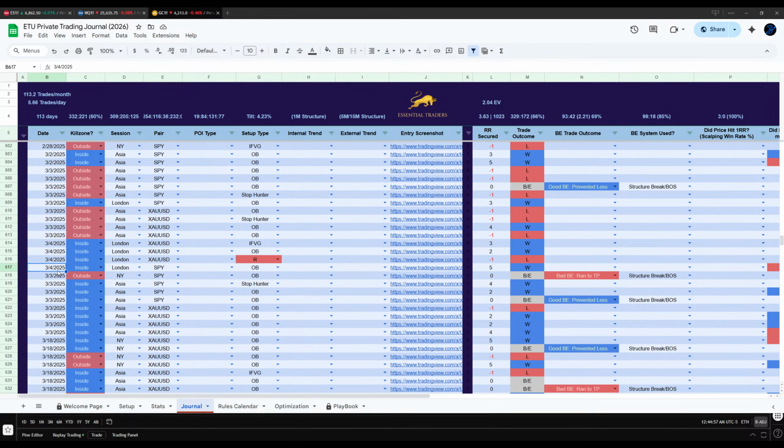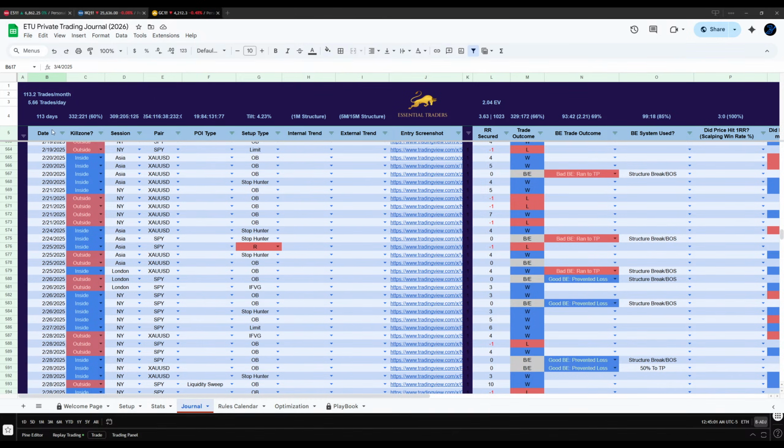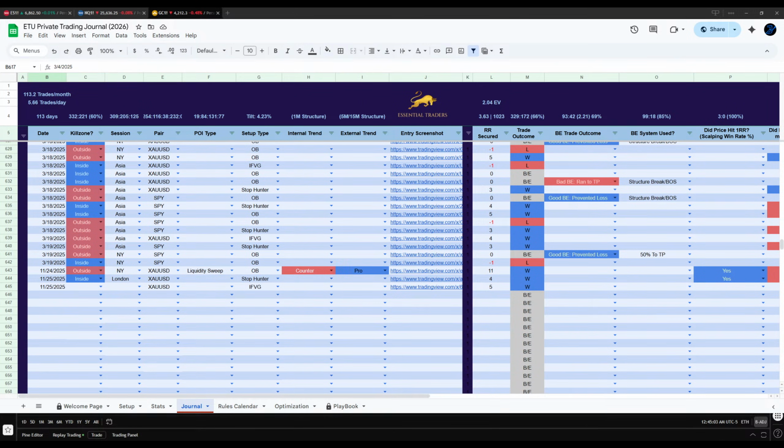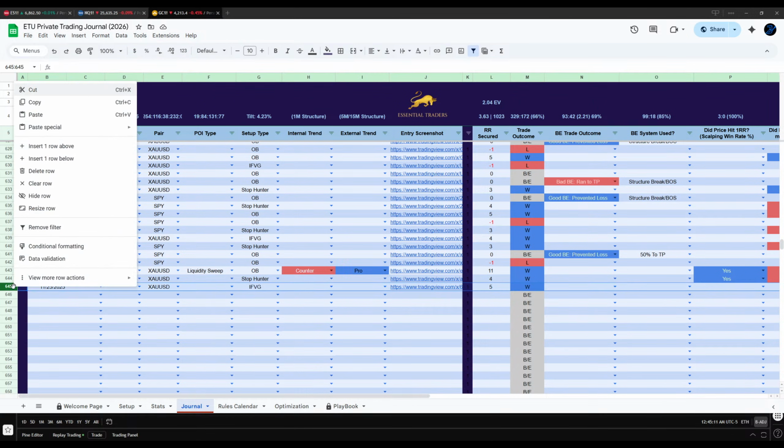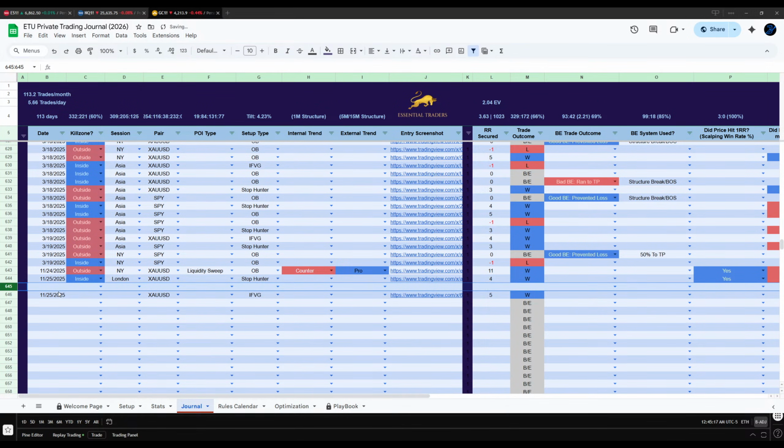Also, ideally, make sure your dates are in sequence. I think it should be fine with the formula, but try to keep them in sequence if you can. I think I might have messed up the sequence because there are some NQ trades. So what we're going to do is insert a row above.